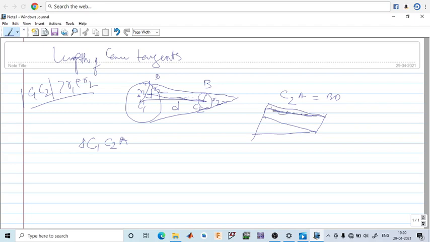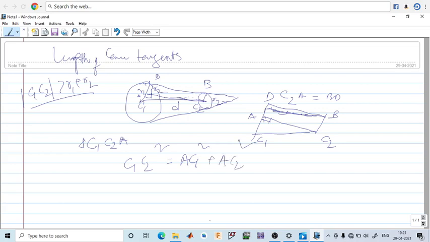This is the rectangular part and this is the right angle triangular part. So if I consider the right angle triangle C1, C2, A, and this is B, this is D, we know that C1C2 square equals AC1 square plus AC2 square.